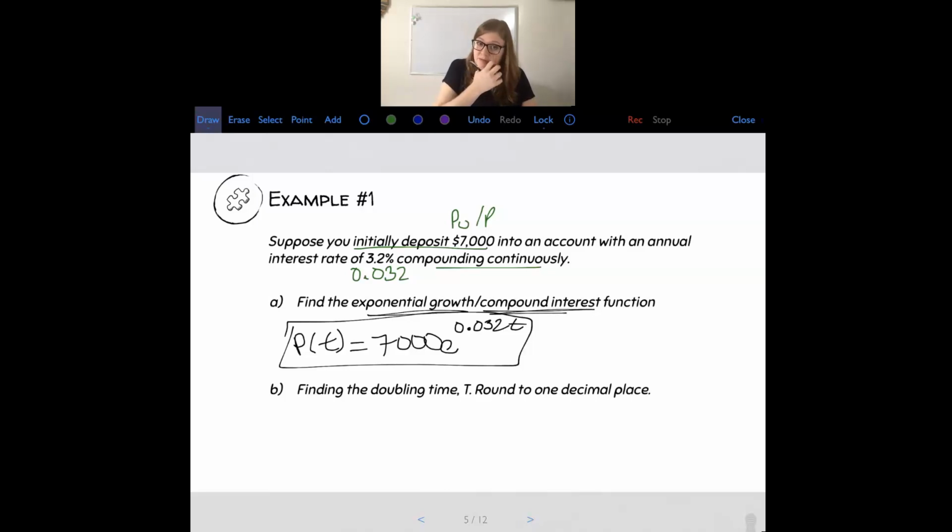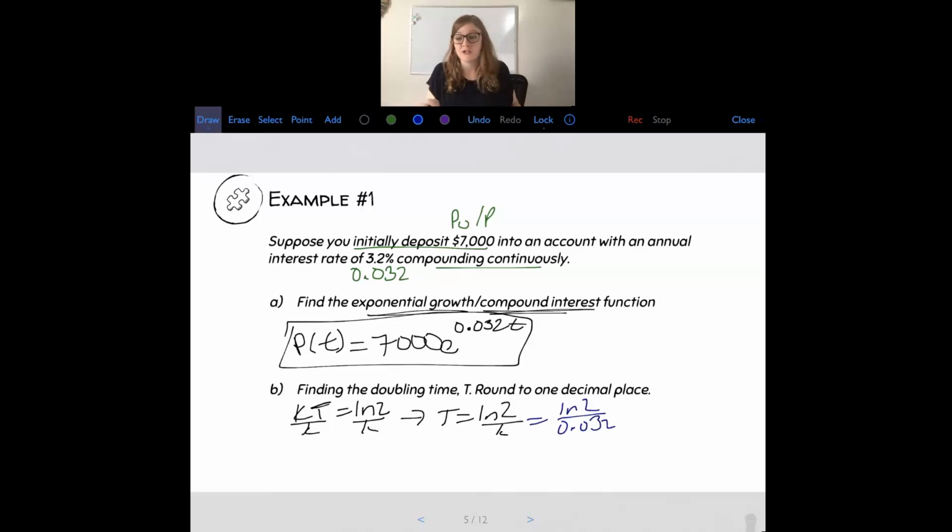Part B, find the doubling time, capital T, round to one decimal place. Doubling time is related by k times capital T equals ln 2. We can solve this right away for T and say that T is equal to ln 2 over k. So we have ln 2 over 0.032. We can plug that into our calculator: ln 2, hit enter, divided by 0.032, and this is 21.6608.